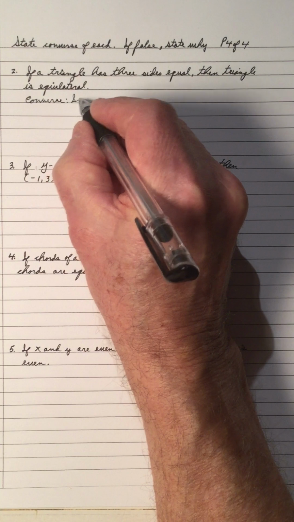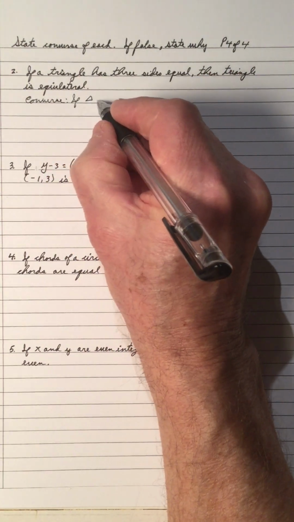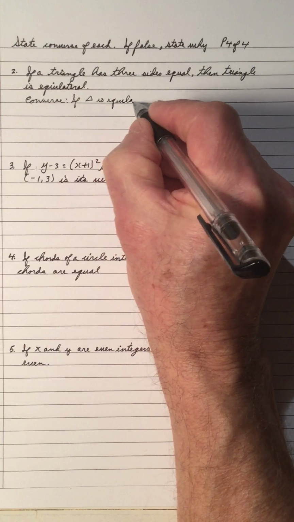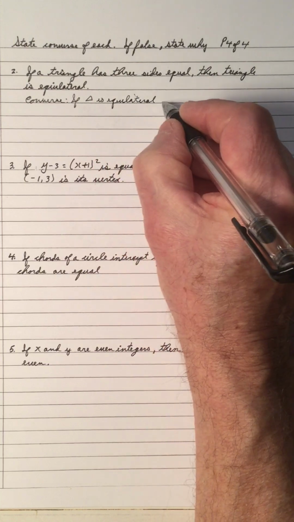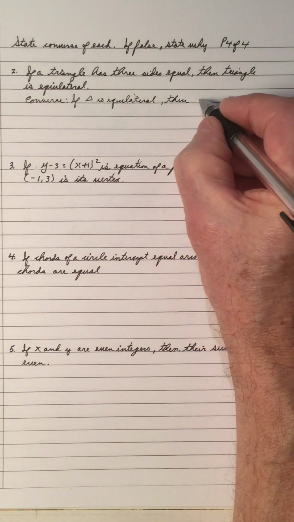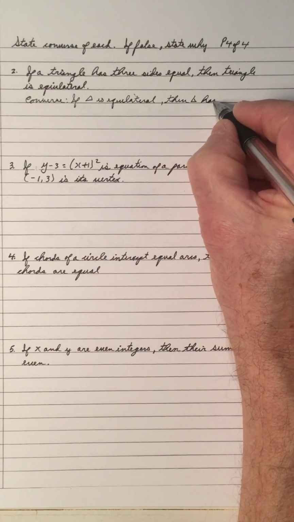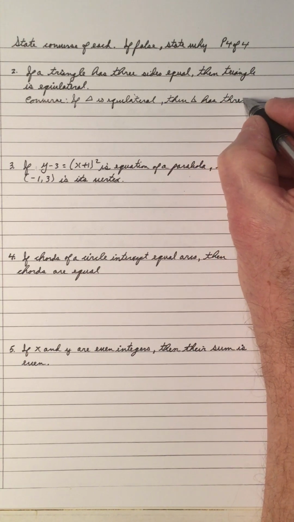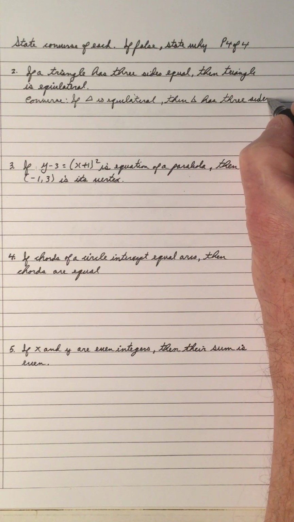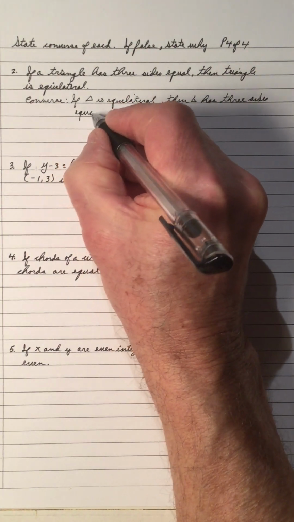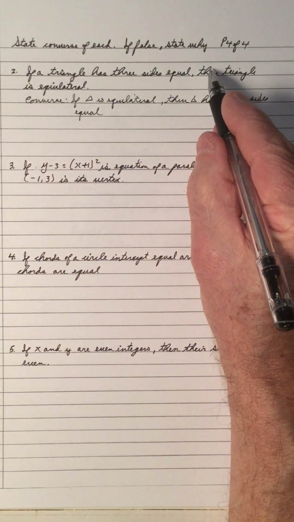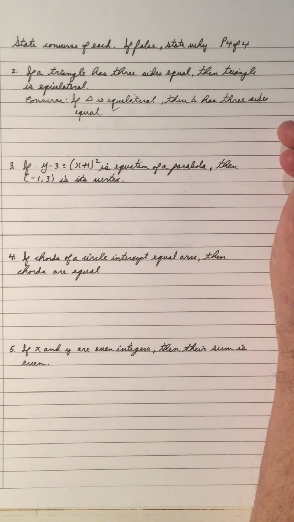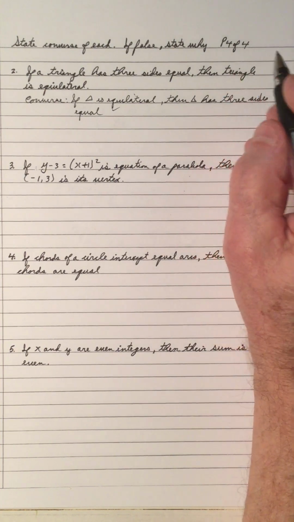The converse is: if a triangle is equilateral, then the triangle has 3 sides equal. So we know the statement is true. If a triangle is equilateral, it has 3 sides equal, that's true. So the converse is true.